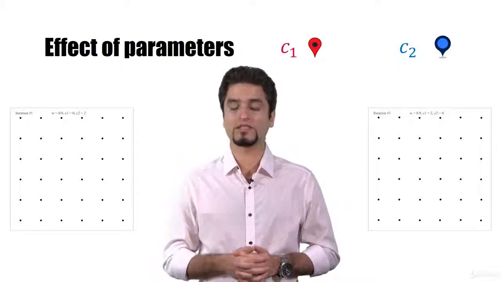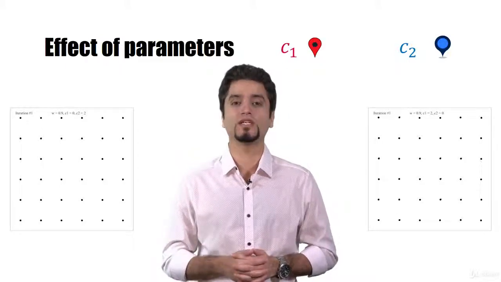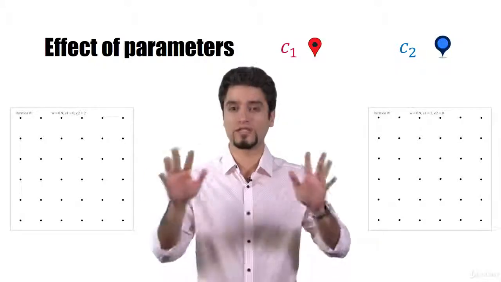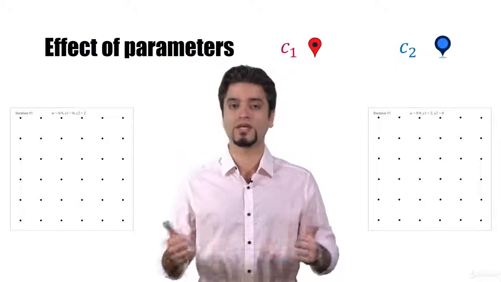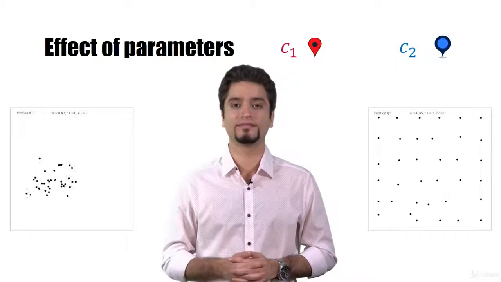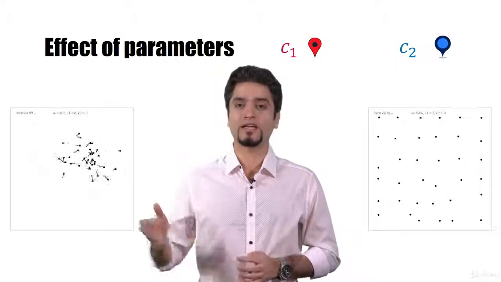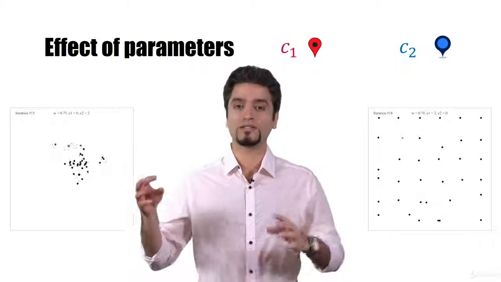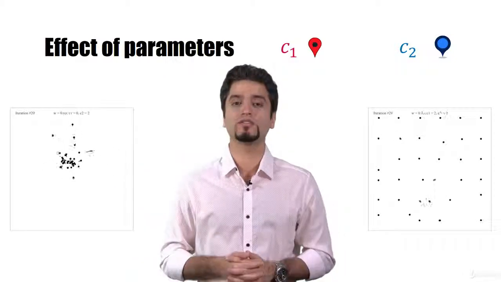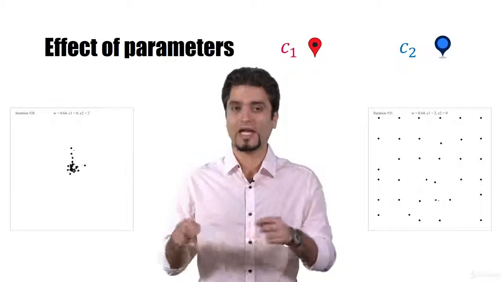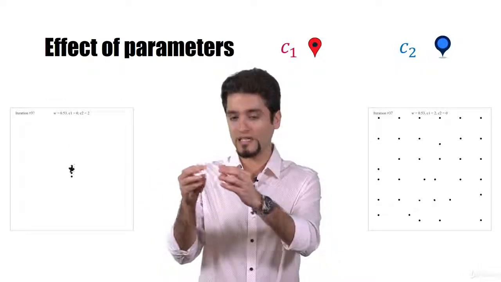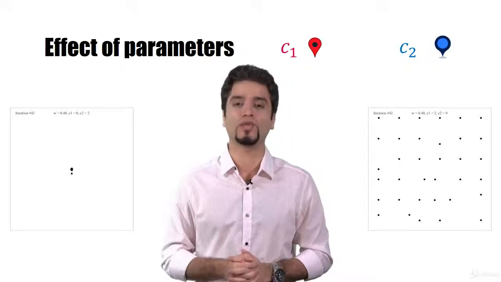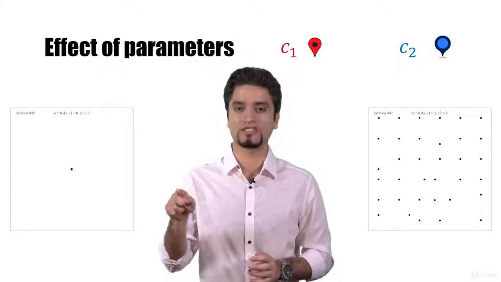So let's run this experiment and we'll see how the particles search and move around the search space. Okay, so here we go. As you can see on this side, the particles quickly converge towards the global optimum, and now, it might be a local optimum, but basically they converge towards a point, and now they locally search around it.